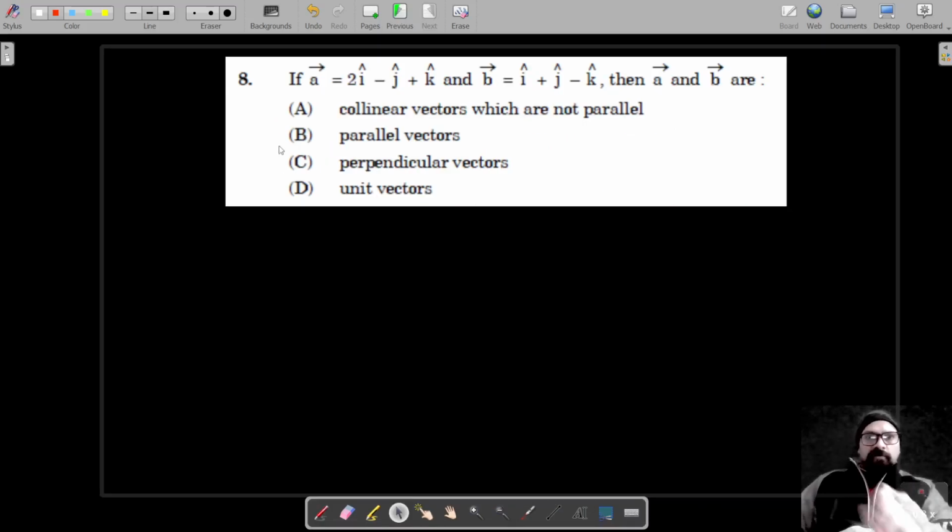Okay, for question number 8, two vectors A and B are given. Then we have to check whether A and B are collinear vectors, parallel, perpendicular, or unit vectors.